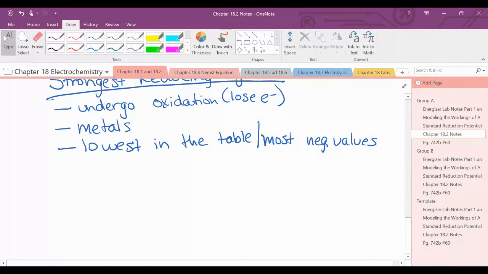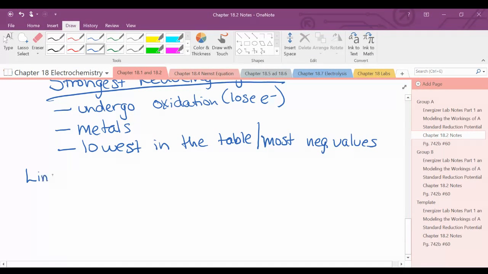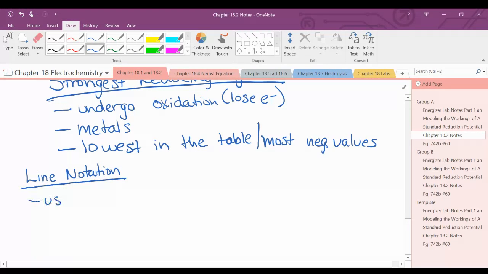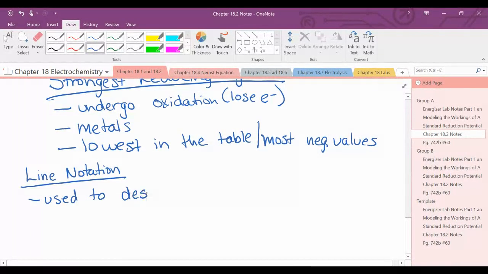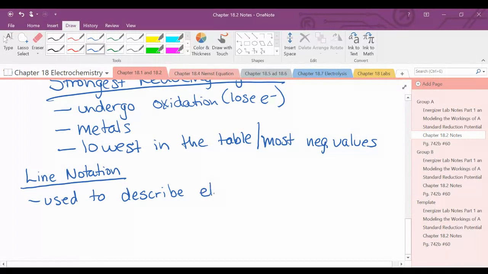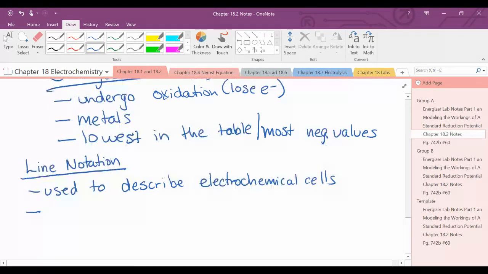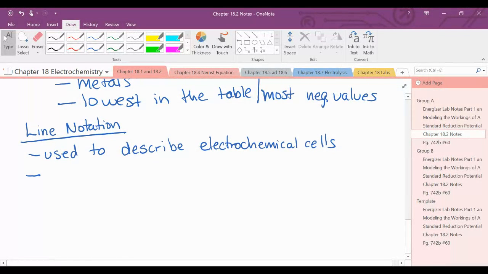So what we need to talk about now is how to write line notation. Line notation is used to describe electrochemical cells. Just like when we draw the voltaic cell, the anode components are on the left.